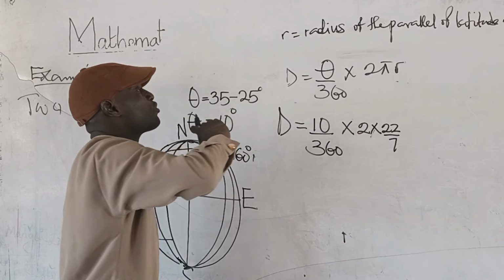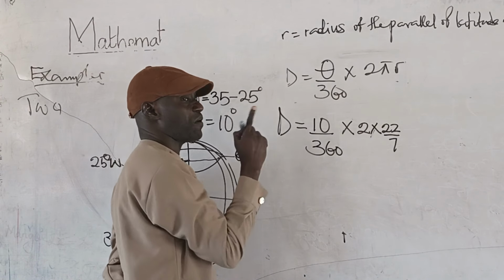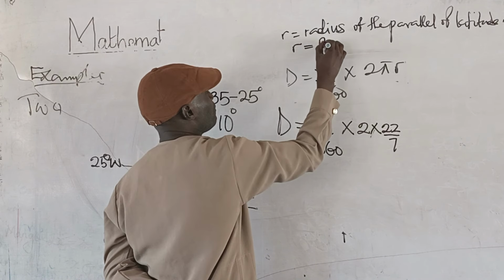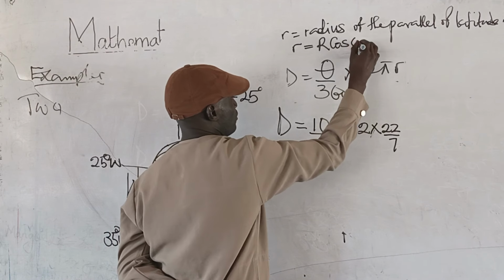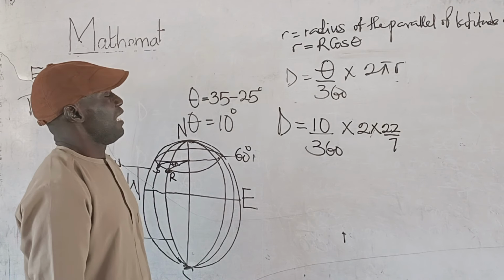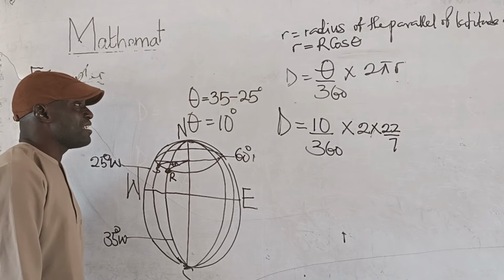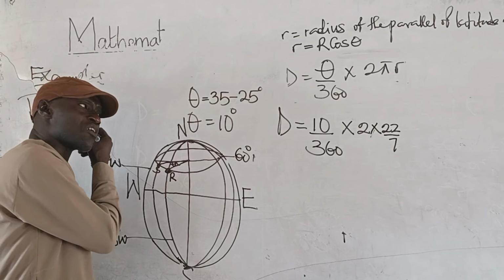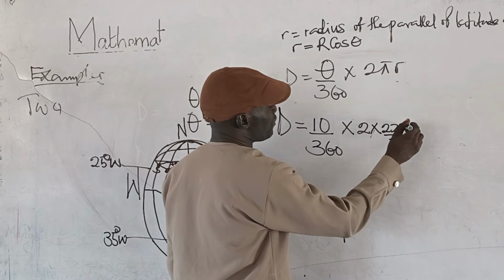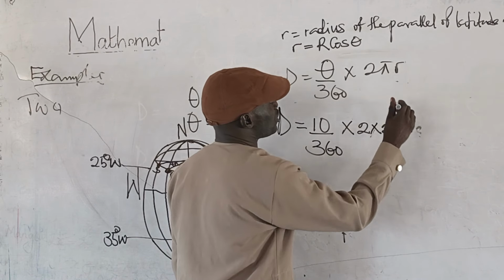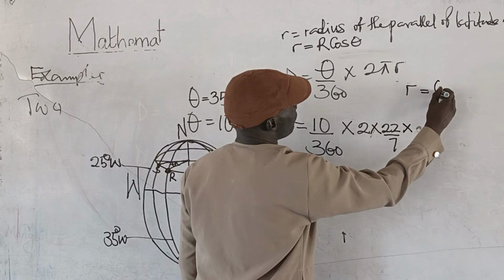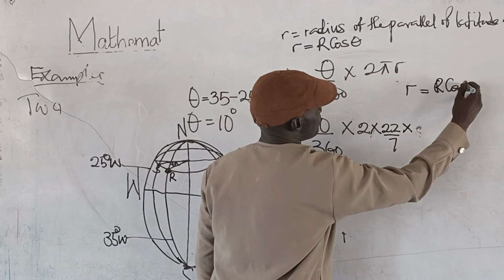So for this, don't forget the formula I gave as number one formula. The formula says small r equals big R cos theta. Don't forget, that's the number one formula I gave. I said the small r simply means big R cos theta. So we're going to apply the same thing here. For us to substitute for this small r, we have to do the small calculation here, which is small r equals big R cos theta.